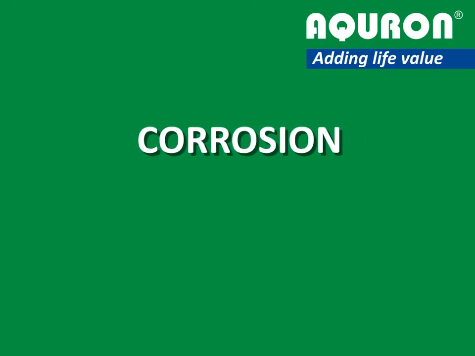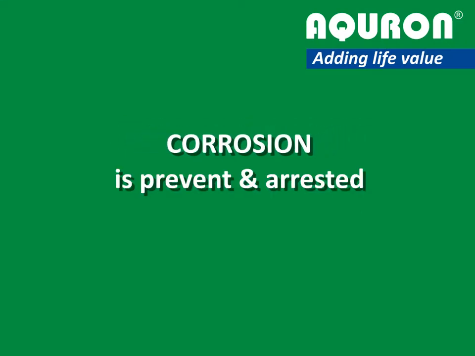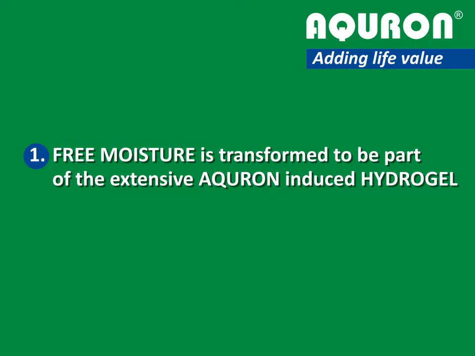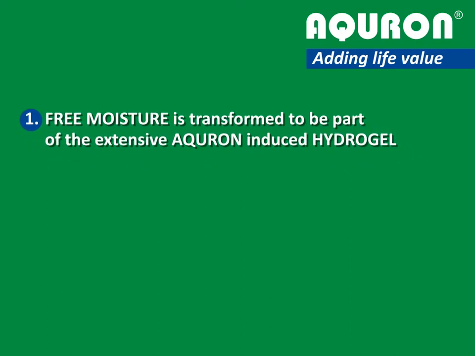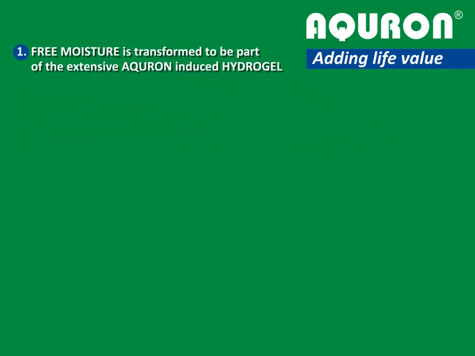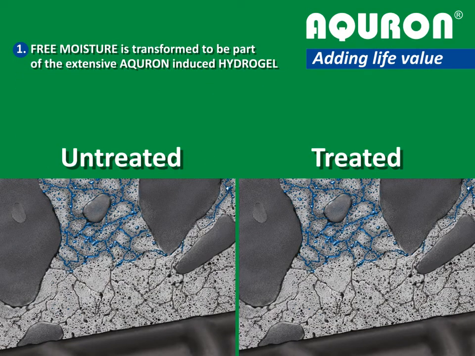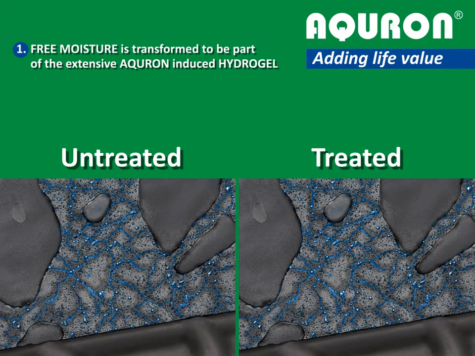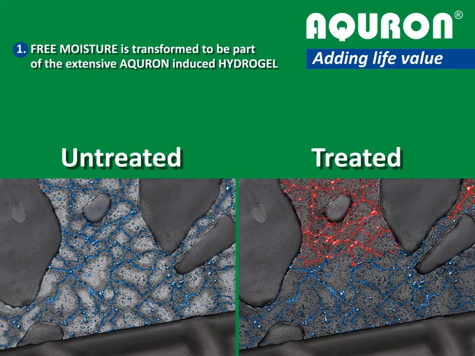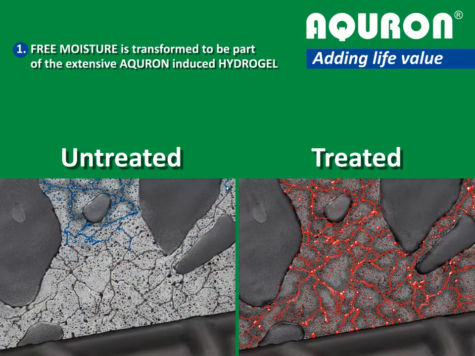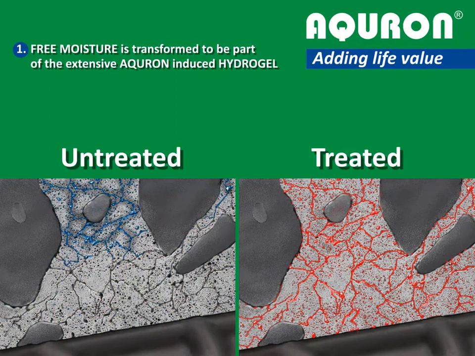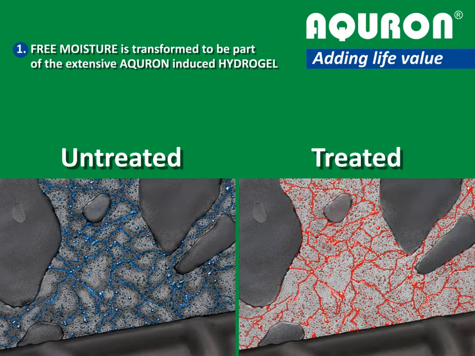How corrosion is prevented and arrested in an AQURON-treated concrete. Free moisture is transformed to be part of an extensive AQURON-induced hydrogel formation within the concrete matrix. In simple terms, as you can see here, the AQURON has stopped the moisture moving through the porosity, also stopping the transport system for corrosives.